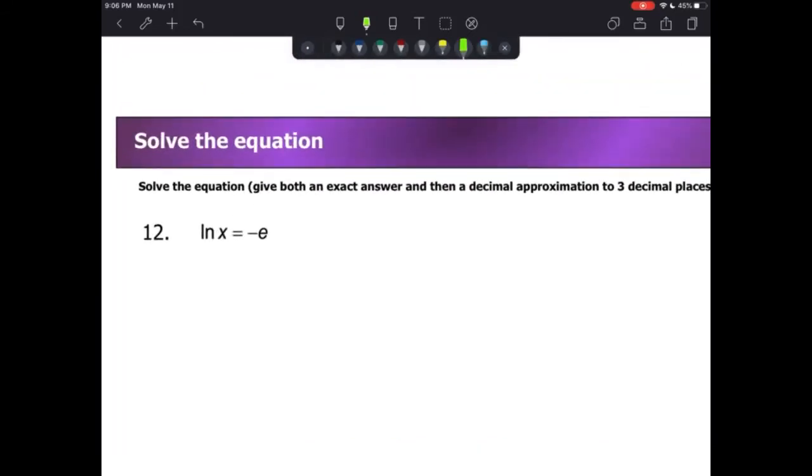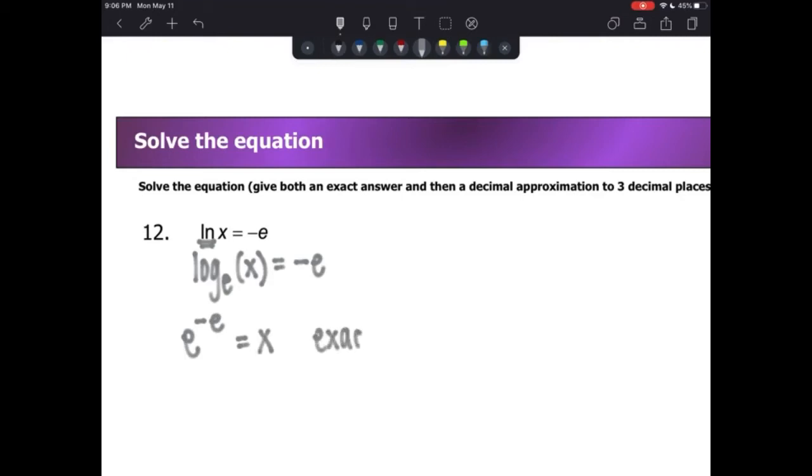Here we have the natural log of x is equal to negative e. Especially when I first learn logarithms, I rewrite natural log as log base e of x equals negative e. So I'm going to take my base of e, raise it to the negative e power, and that equals x.